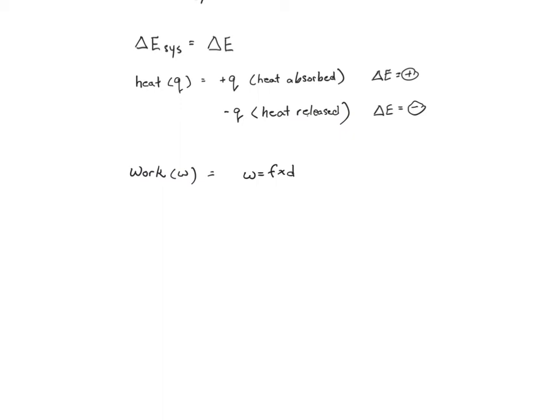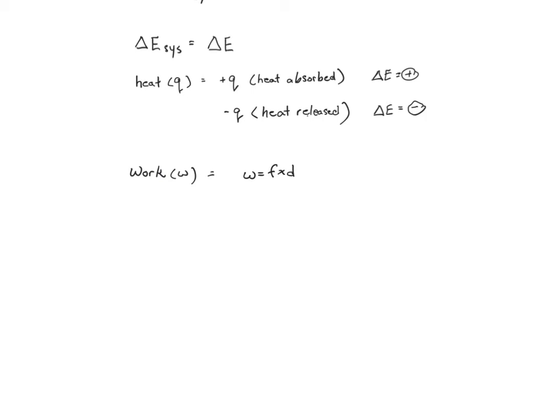Okay, but in chemistry, we don't have an organized particle moving in one fixed direction, applying force in that direction. Instead, what we have is the opportunity for work to be done through expansion, okay, and compression.